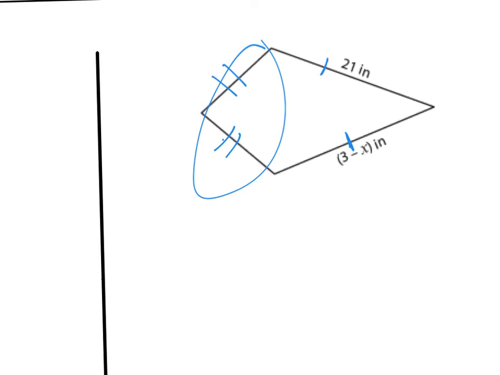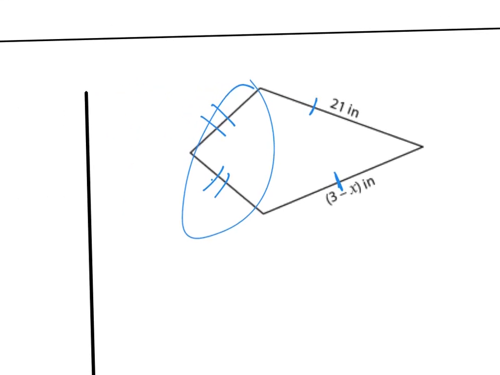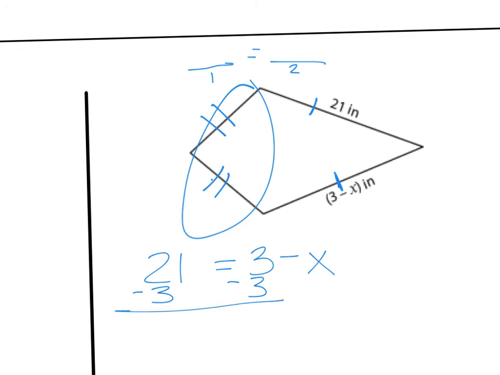All right, so remember, when we're setting up something, when they're congruent to each other, we have something equals something. All right, so one side equals the other side. All right, so let's plug in 21 equals 3 minus x. All right, so I'm going to try to get my x by itself. So I'm going to start by subtracting 3 from both sides.